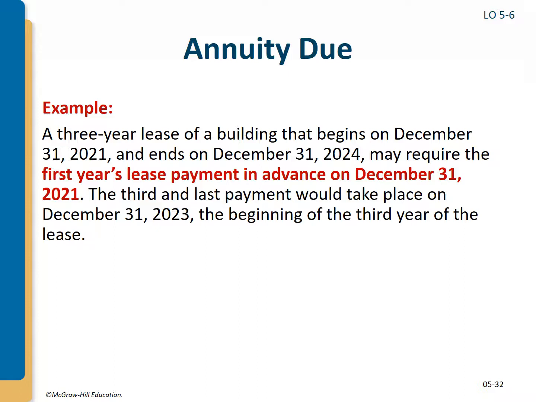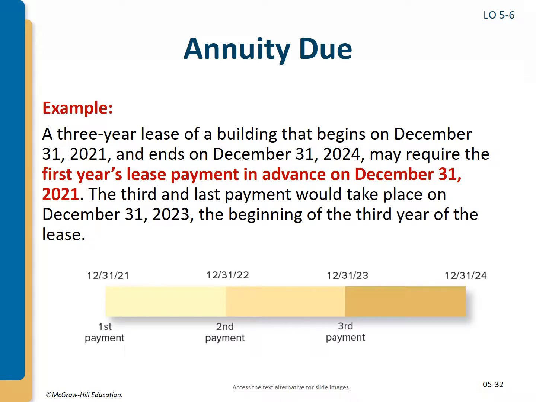That requires the first lease payment to be made December 31st, 2021, today, the first time zero. So that means it's being made at the beginning of each year. So that makes this an annuity due. And that's important because it will influence your calculation.